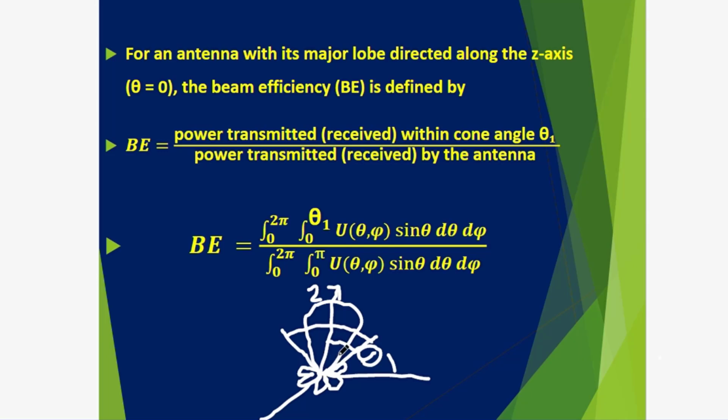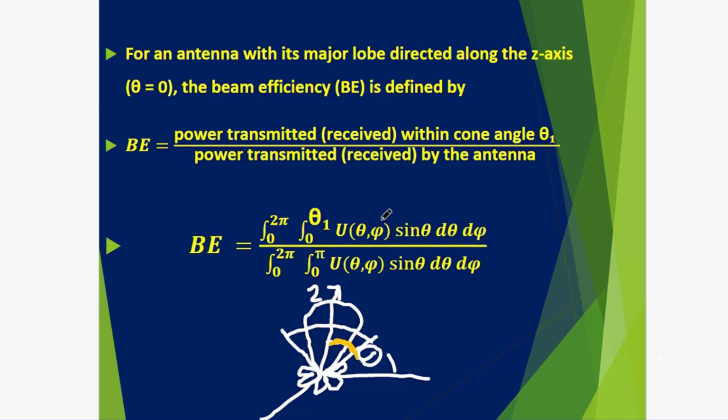Now if you find the total power only in this cone angle, that becomes the power transmitted or received within the cone angle θ1, divided by the total power. In mathematical form, we know this is the formula, which I explained in past videos.